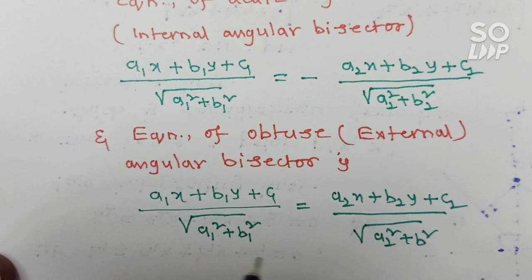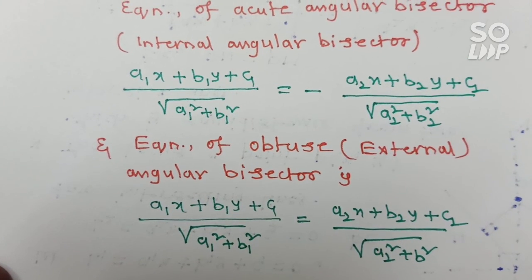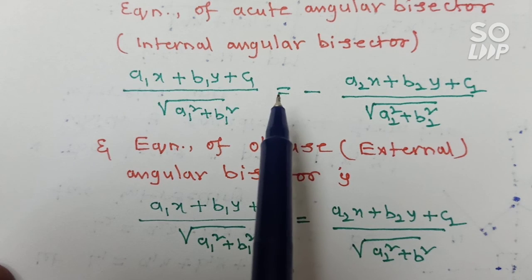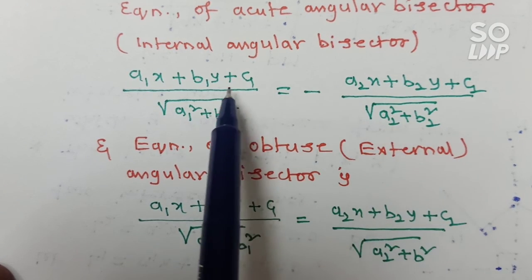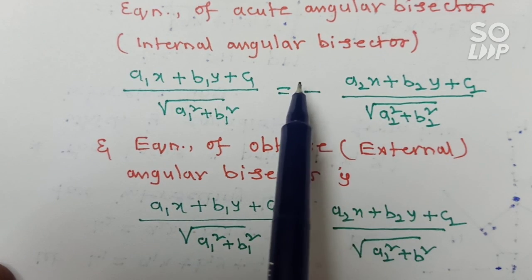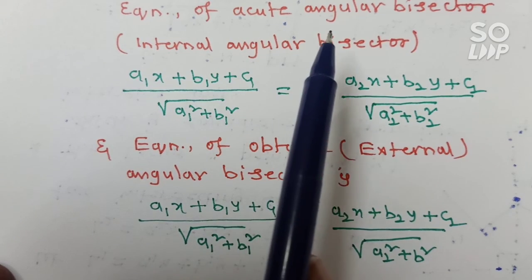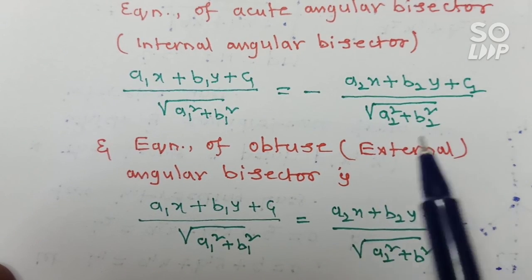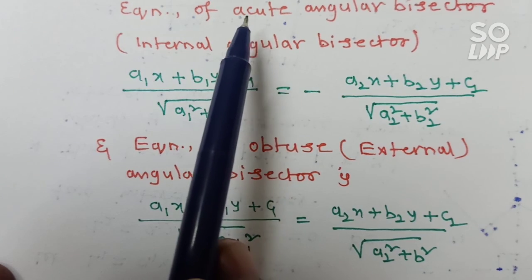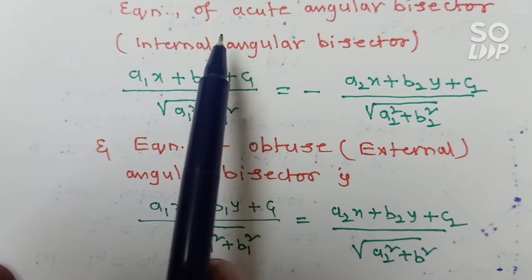Suppose here, which condition is satisfied for the internal angular bisector: a1 a2 plus b1 b2 is greater than 0. Suppose that is less than 0.